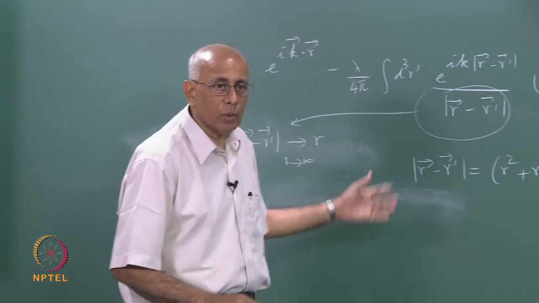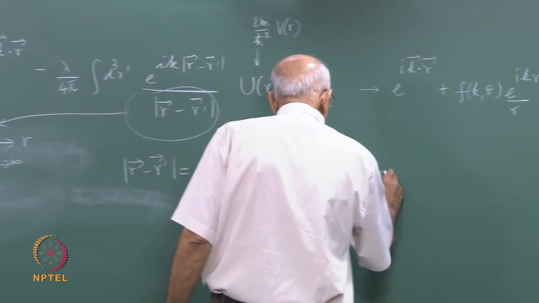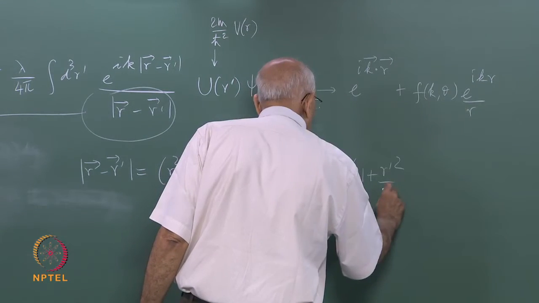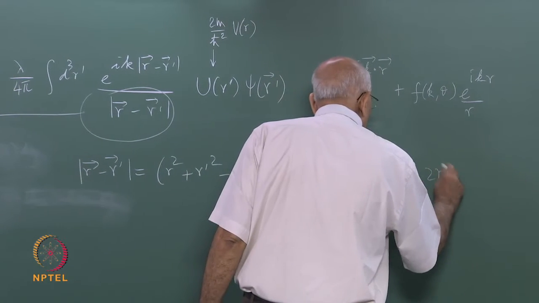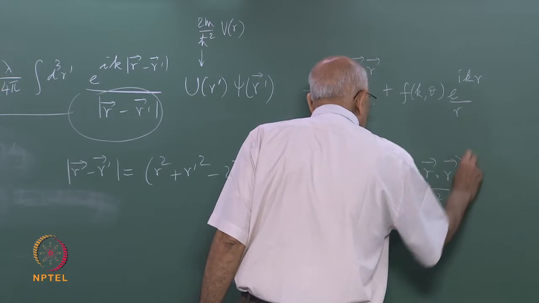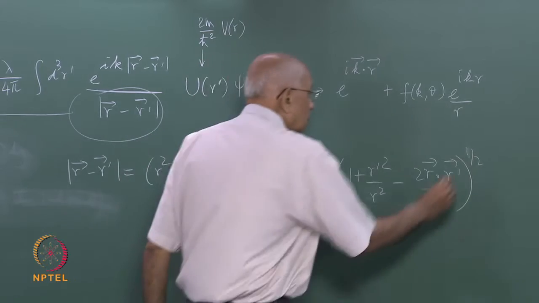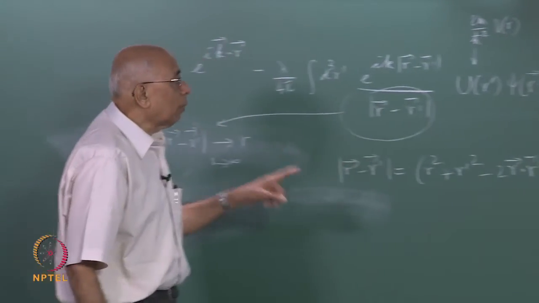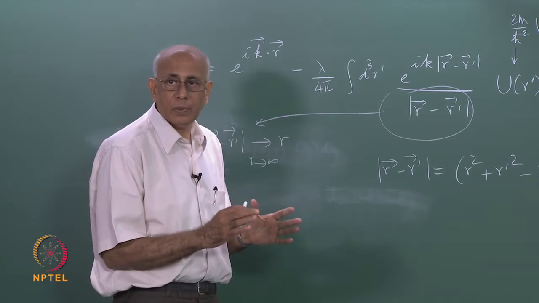If I take out an r outside, this is r times 1 plus r prime squared over r squared minus 2 r dot r prime over r squared, to the power of half. And now let us do a binomial expansion, the idea being that you are looking at a field point far away from the region where the potential is significant, non-zero.